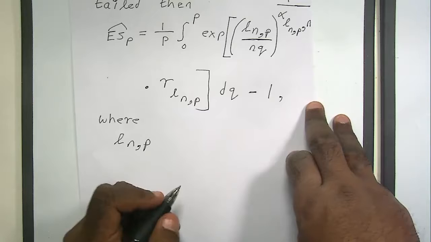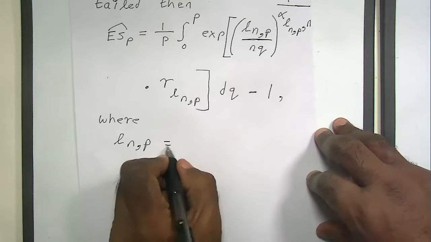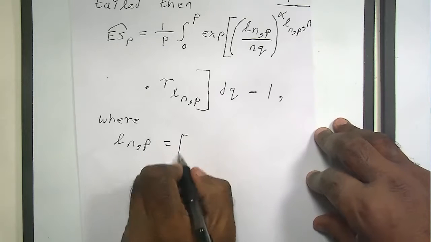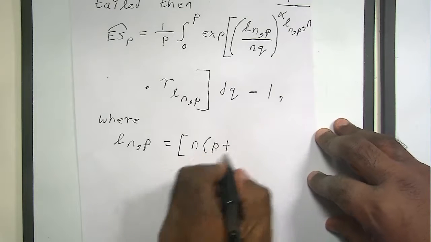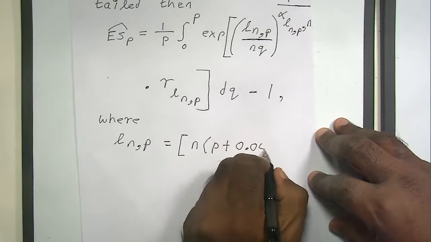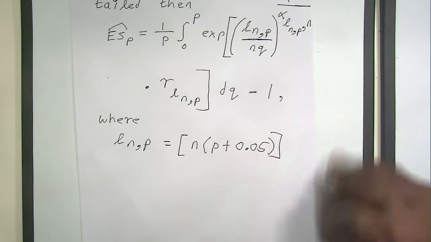Here, Ln P is equal to the integer part of this.